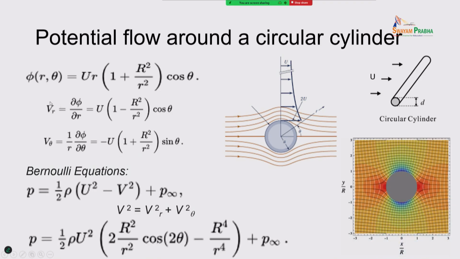Now you have the velocity V squared, you plug that into the equation, and you get the pressure like this. That is the pressure in the potential field at any place, right?